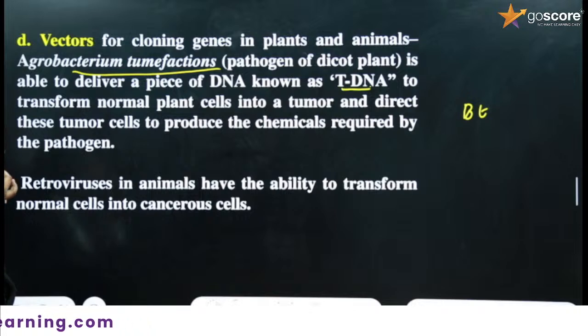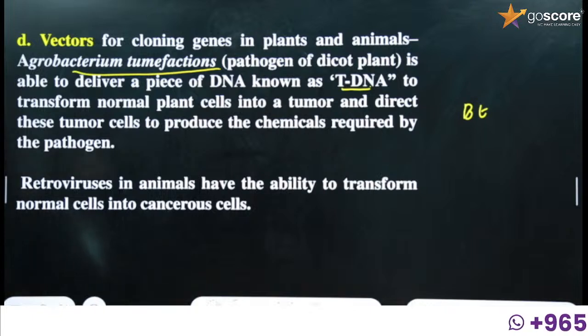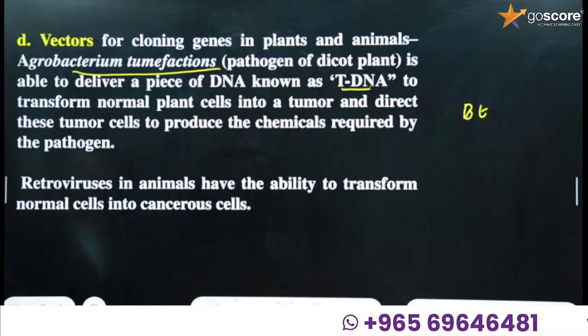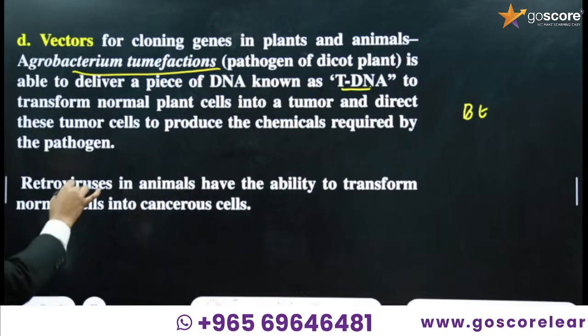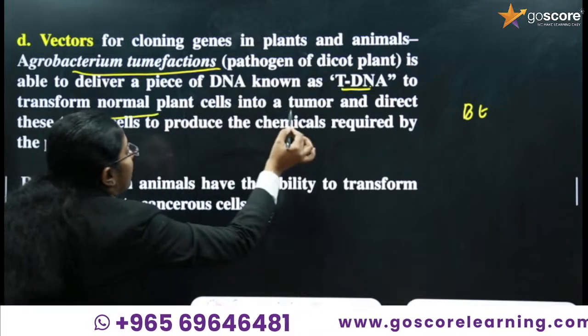In that case, Agrobacterium tumefaciens is a pathogen of dicot plants, and this pathogen is able to deliver a piece of DNA, known as T-DNA, to transform a normal plant into a tumor plant.